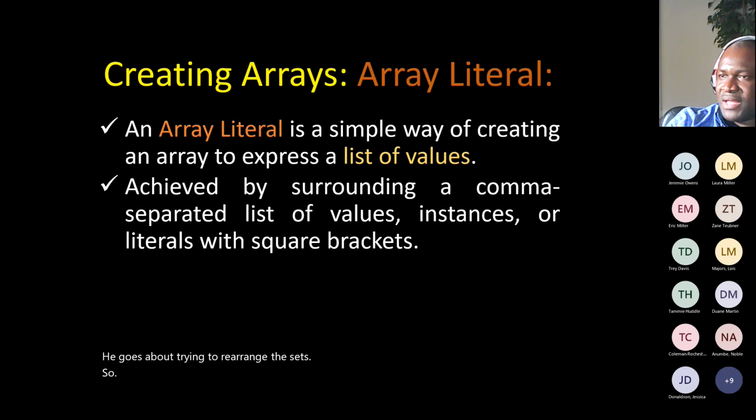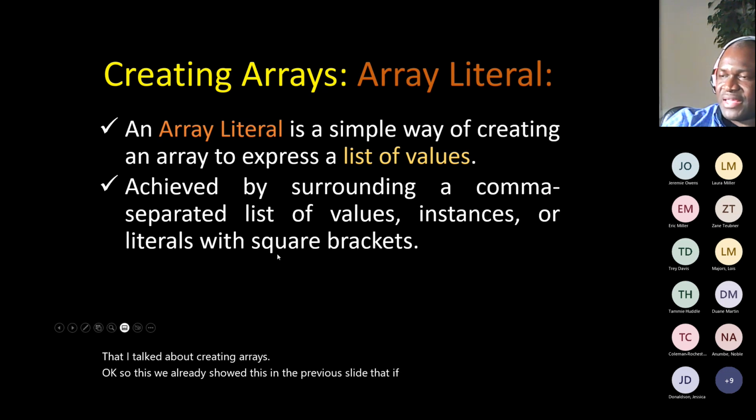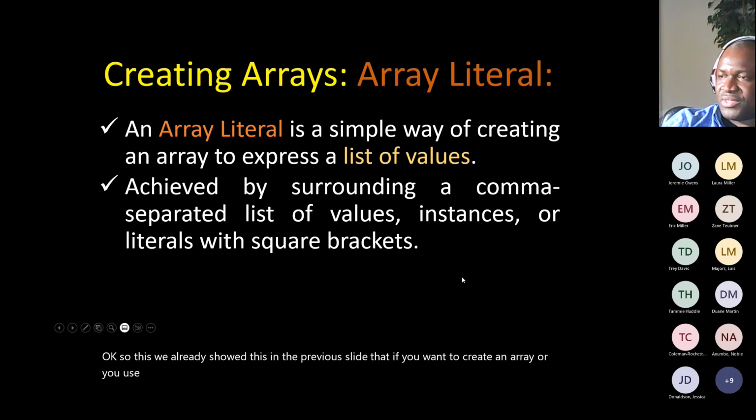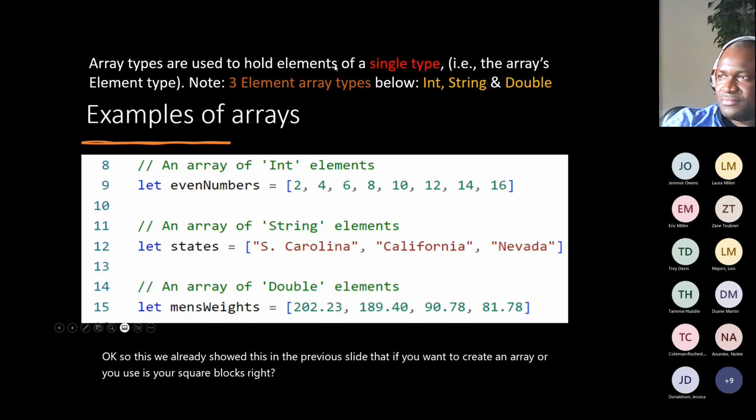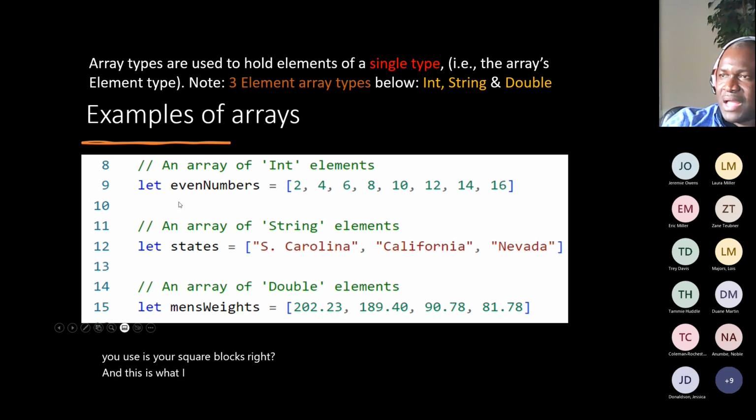And I talked about creating arrays. Okay, so we already showed this in the previous slide, that if you want to create an array, all you use is your square brackets, right? And this is what I mentioned before, how arrays are used to hold single types.